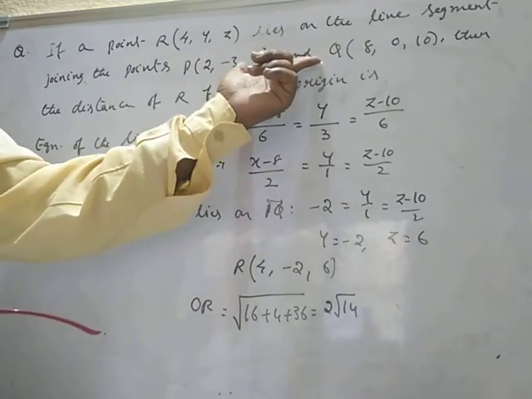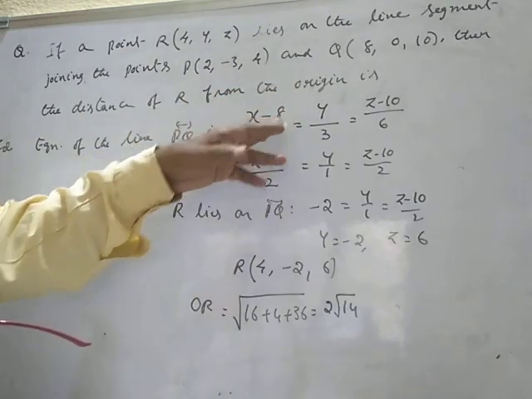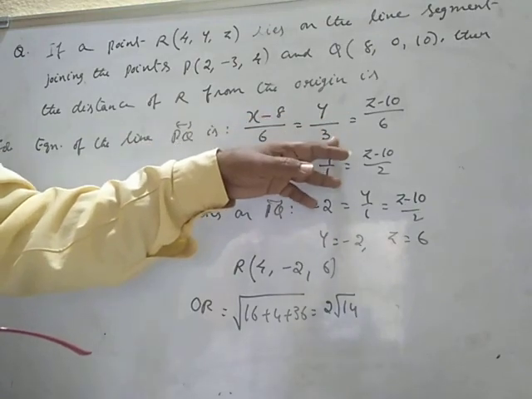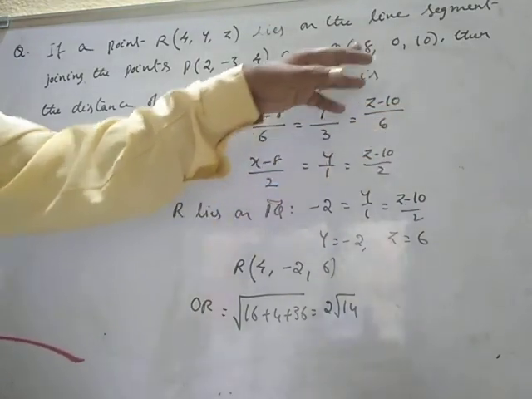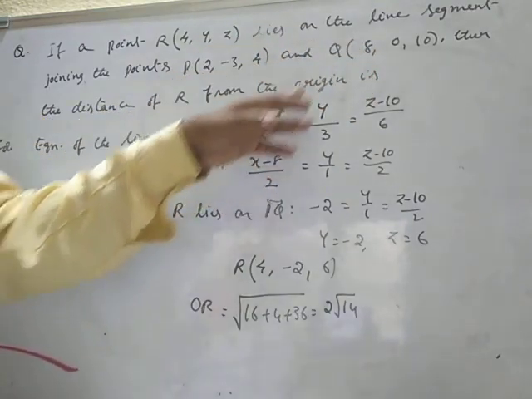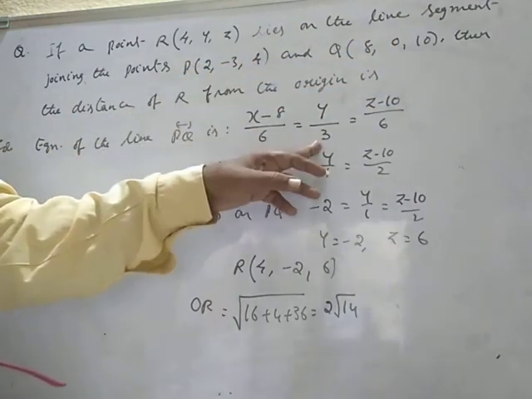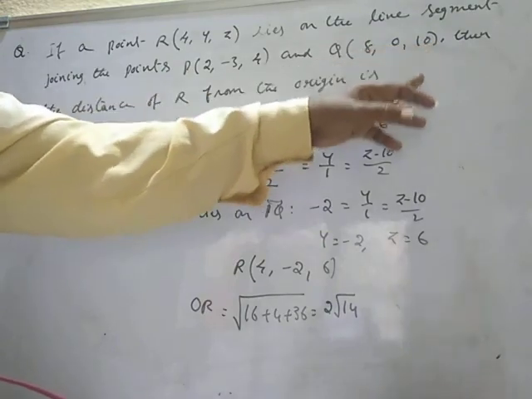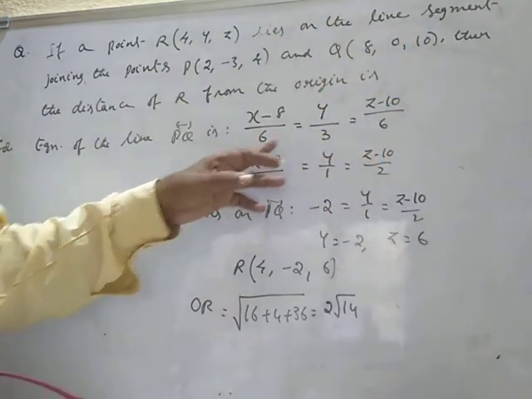The equation of the line through these two points is (x minus x1) by (x2 minus x1), (y minus y1) by (y2 minus y1), (z minus z1) by (z2 minus z1). So (x minus 8) by (8 minus 2) is 6, y by (0 minus of minus 3) is 3, and (z minus 10) by (10 minus 4) is 6.